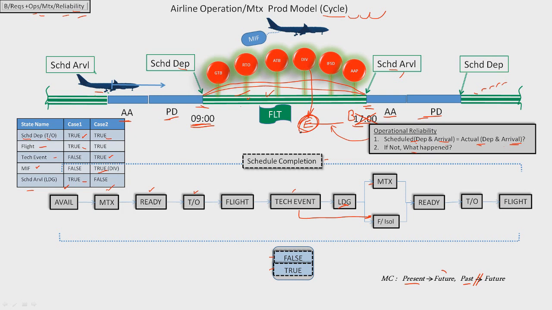And this is all in spite of our scheduled departure. Scheduled departure is true, 9 o'clock, scheduled departure equals actual departure. But unfortunately, due to this technical problem, the scheduled arrival does not equal actual arrival.